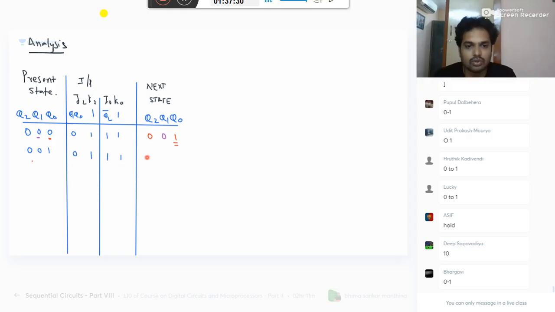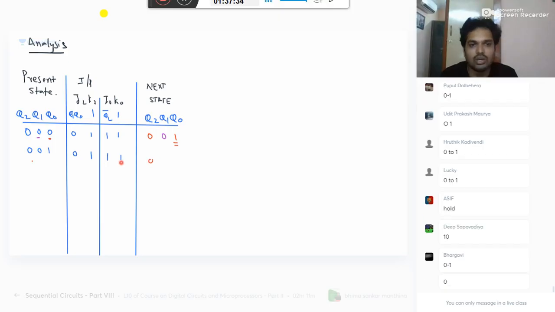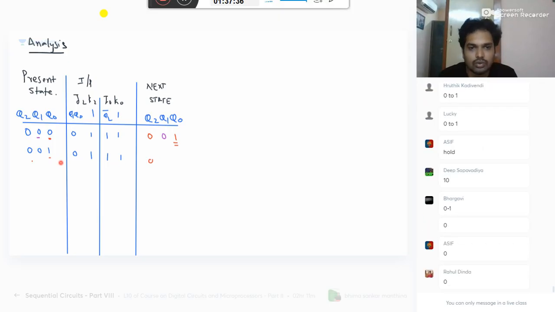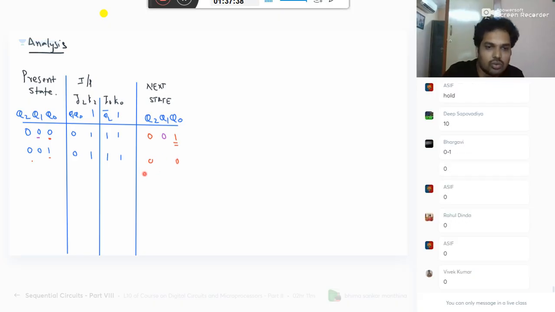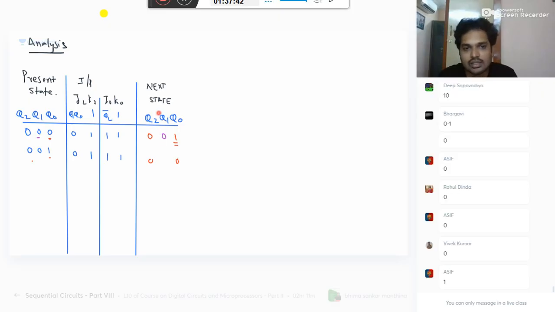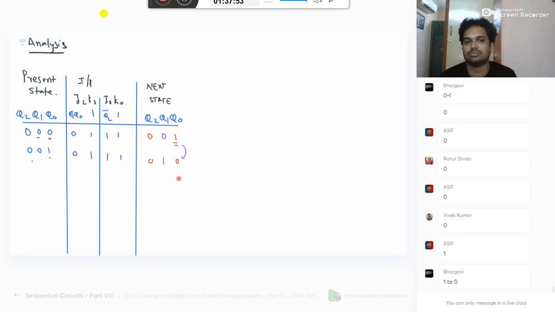So 0, 1 will give you what here? 0. And 1, 1 will give you toggle. Toggle of this value will be 0. Now understand this carefully. Q1 should be analyzed separately because it is asynchronous. You should analyze when Q0 changes from 1 to 0. Then it toggles.